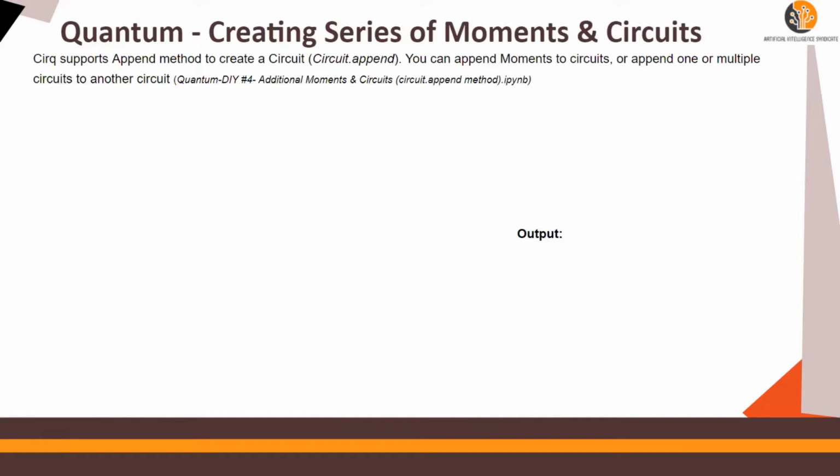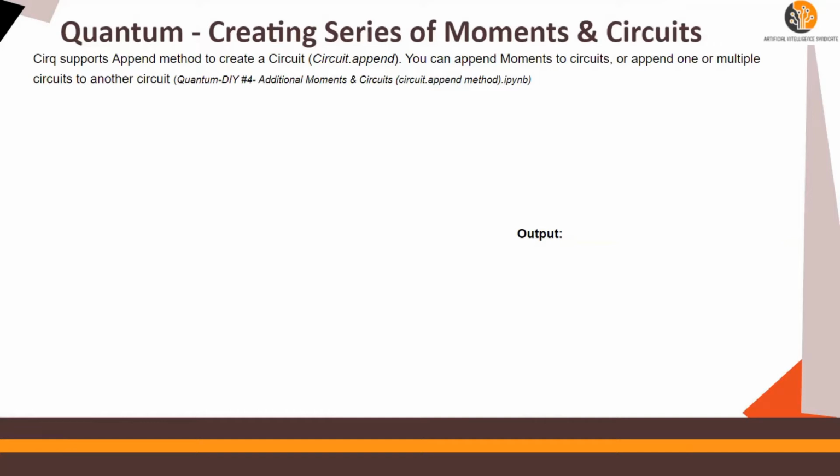Cirq supports the append method to create a circuit. circuit.append, that is the command, that is the syntax. You can append moments to circuits or append one or multiple circuits to another circuit.